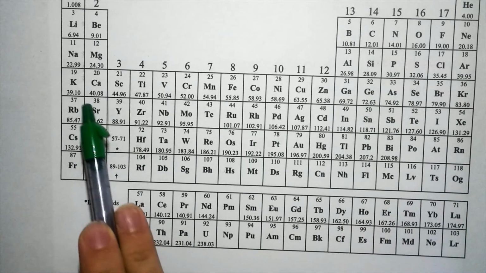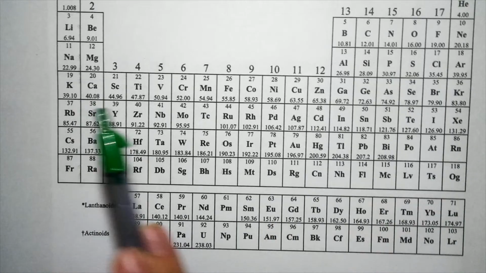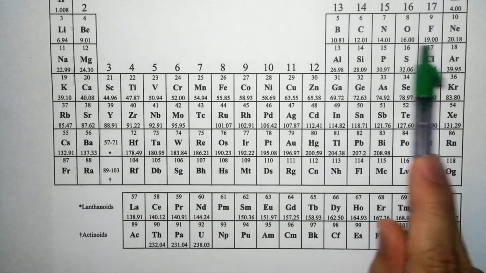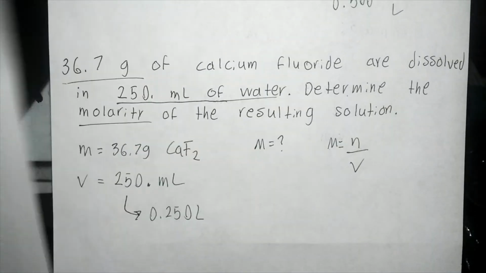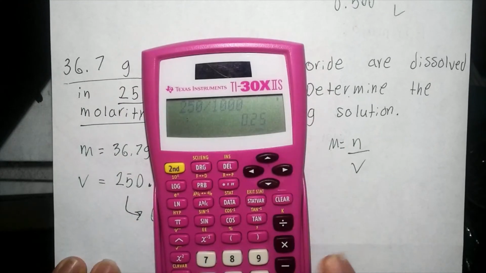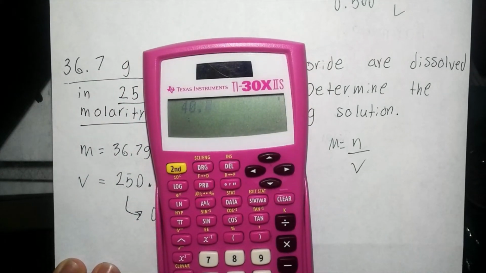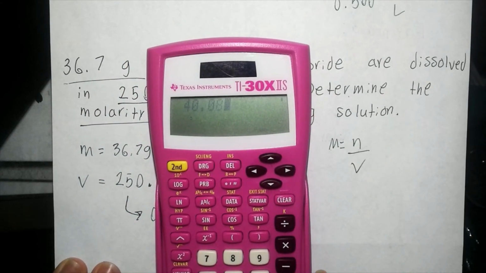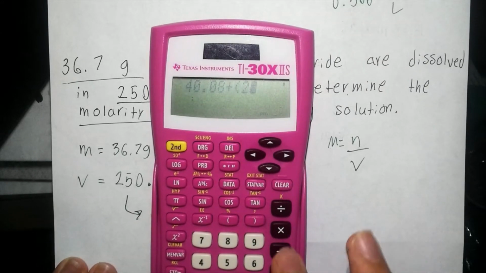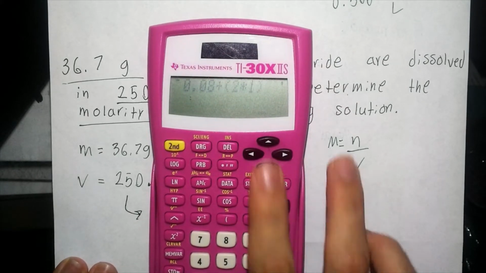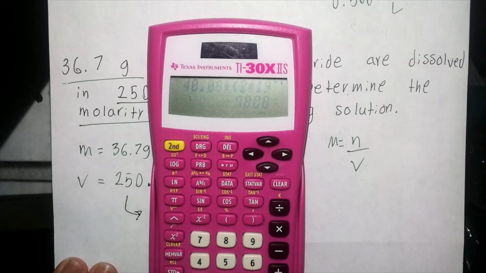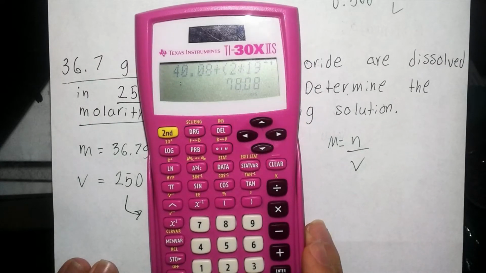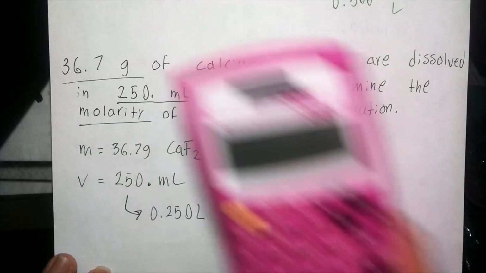So you're going to take the mass of 1 calcium, that's this number right here, and you're going to take the mass of your 2 fluorides. So it should be 40.08, this is calcium, plus 2 times 19, that's the 2 fluoride ions. So our molar mass is 78.08 grams per mole.